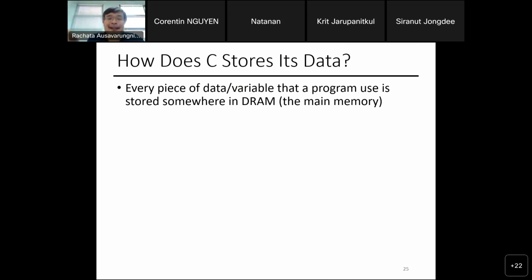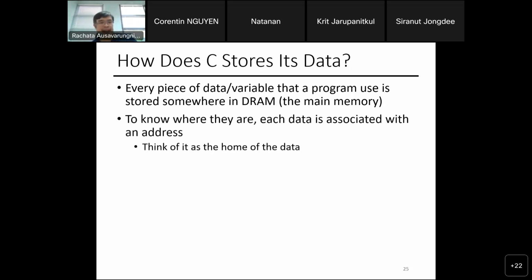It has to have a place in the main memory, and the memory has to manage it whenever you want to change the data or store a new value to your variable. Each variable in your program will have an address.